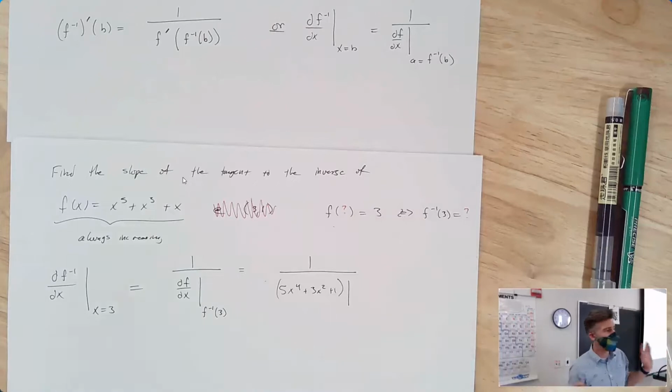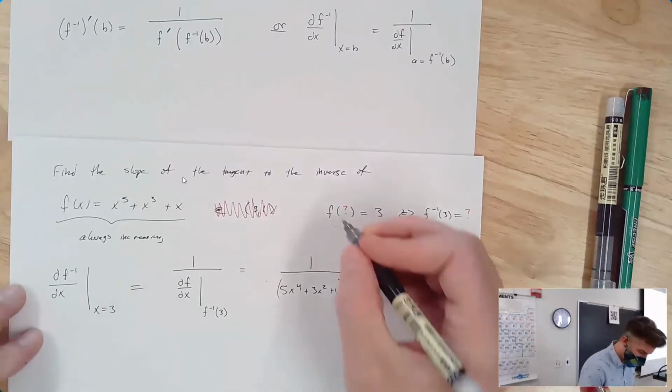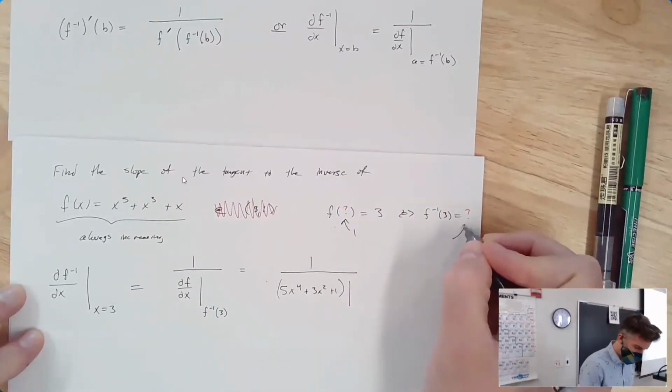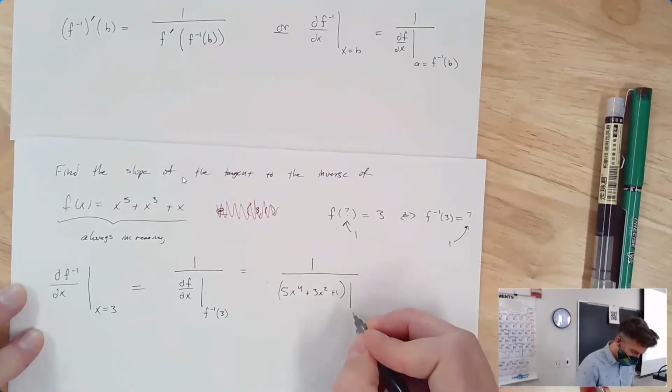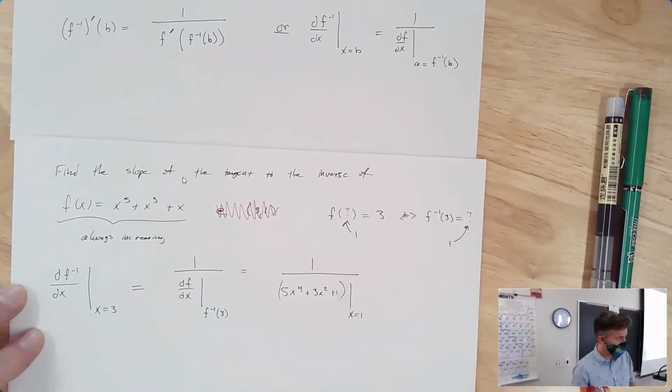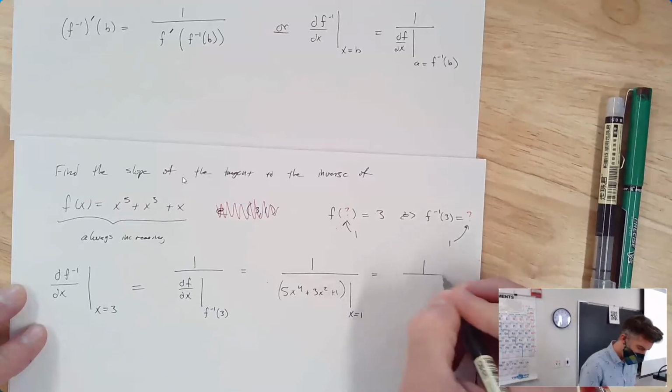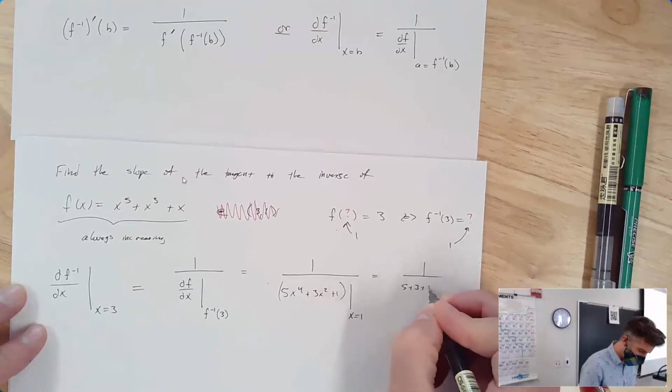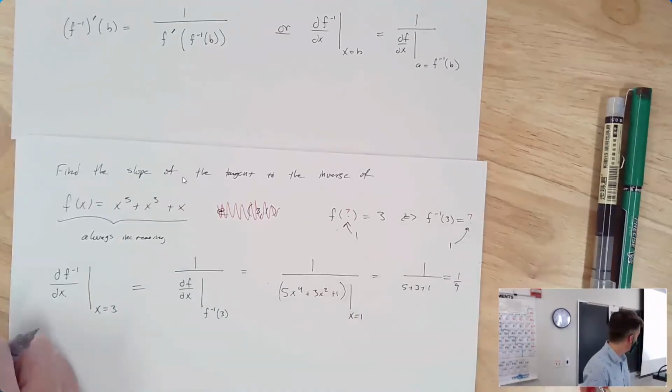And it's usually going to be a pretty easy thing to guess. It's going to be like 0 or 1 or -1. So, oh yeah, that's going to be 1. So we're really doing this at x equal to 1. Then you plug in 1, you get 1 over 5 plus 3 plus 1, which is 1/9.